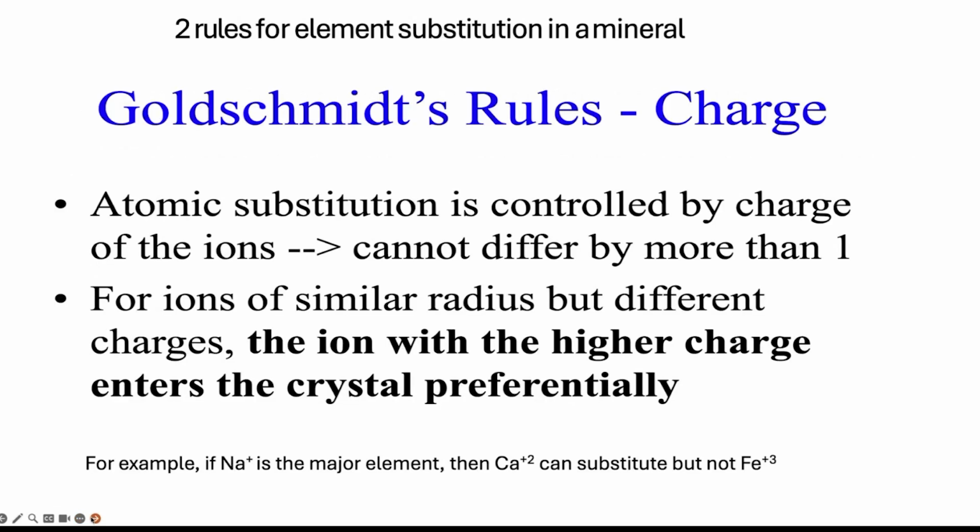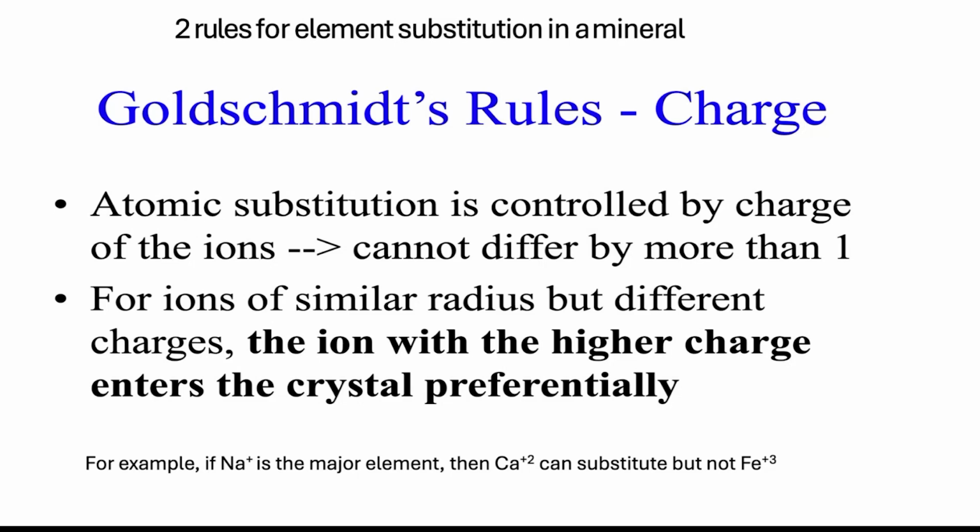For charge, there are only two rules for element substitution in a mineral. Atomic substitution is controlled by the charge of the ions. It cannot differ by more than 1. So for example, iron +2 can substitute for copper +1, but not iron +3.